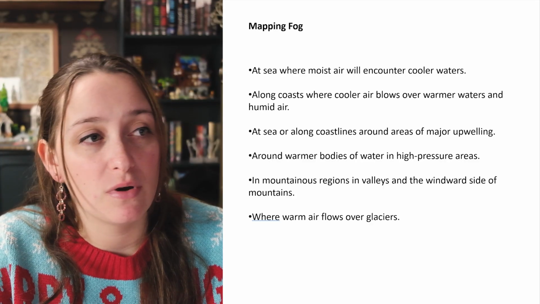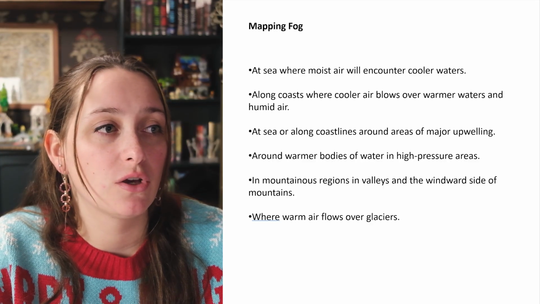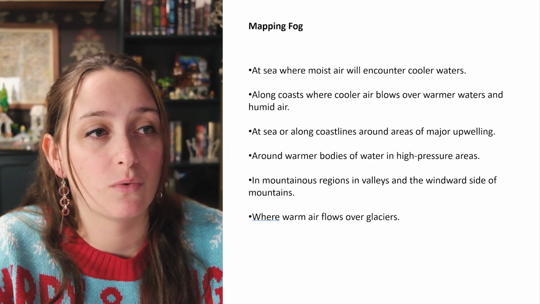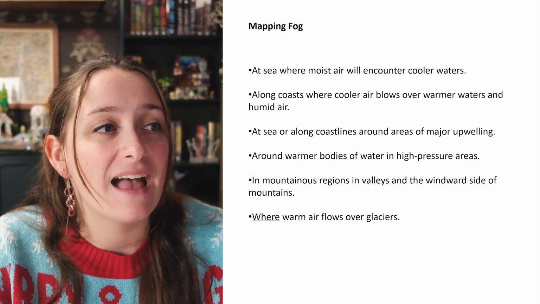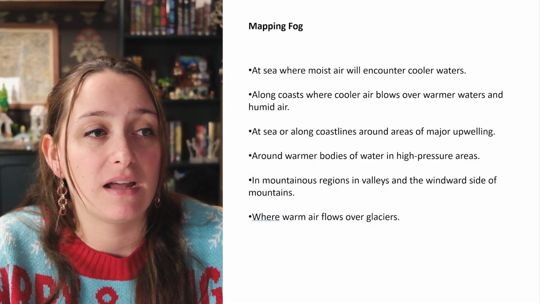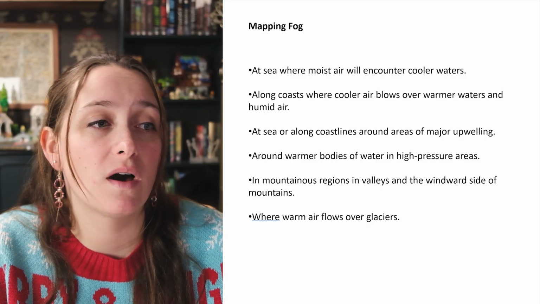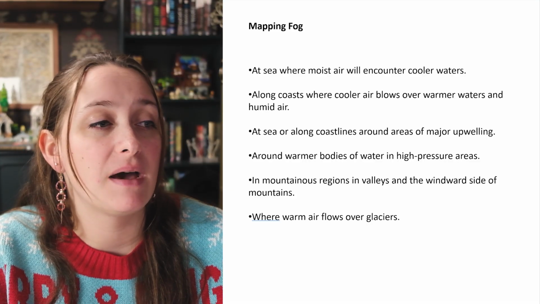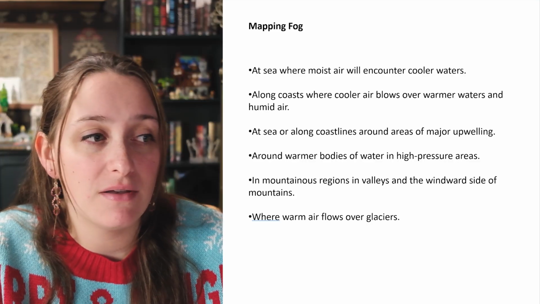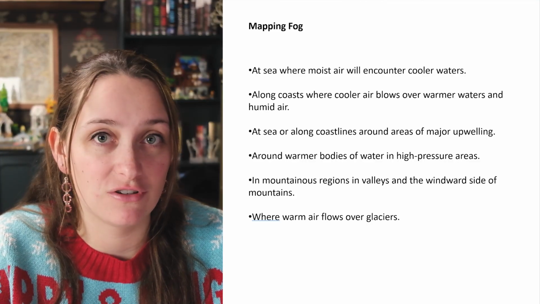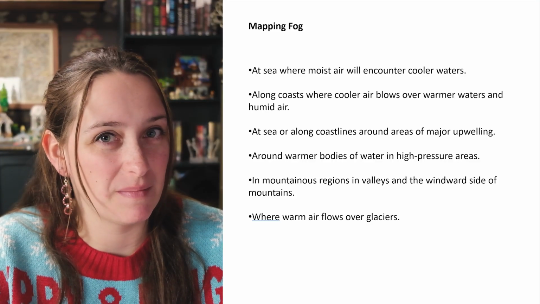So at sea, where moist air encounters cooler waters, along coasts where cooler air blows over warmer waters and humid air, at sea or along coastlines, around areas of major upwelling, around warmer bodies of water and high pressure areas, in mountainous regions and valleys, on the windward side of mountains, and where warm air flows over glaciers. We're going to go through these mostly one by one.